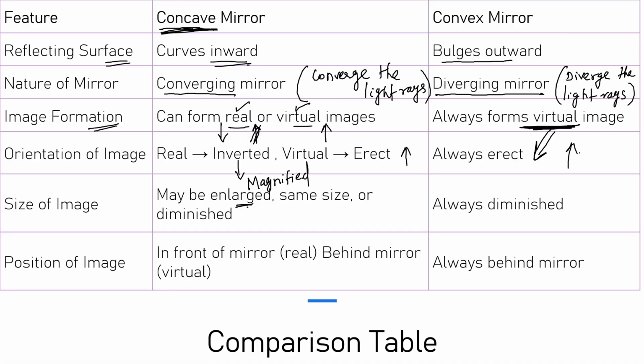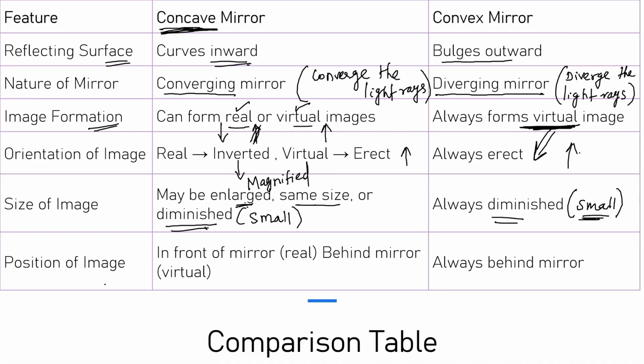So it can form enlarged or magnified image, or same size image, or diminished. Diminished means small. So it can form enlarged, same size, or diminished image. What about convex? Always diminished. Diminished means small. Always small image.